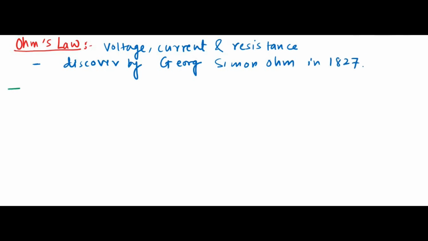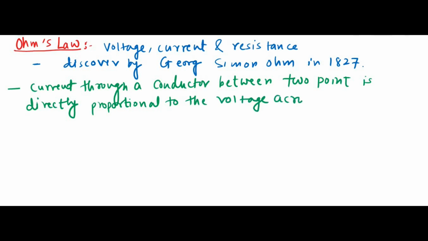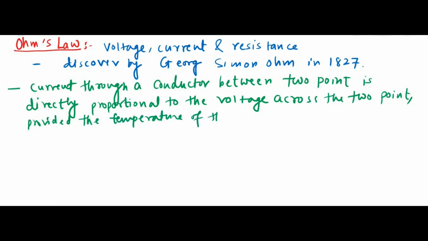Ohm's law states that current through a conductor between 2 points is directly proportional to the voltage across the 2 points, provided the temperature of the conductor does not change.